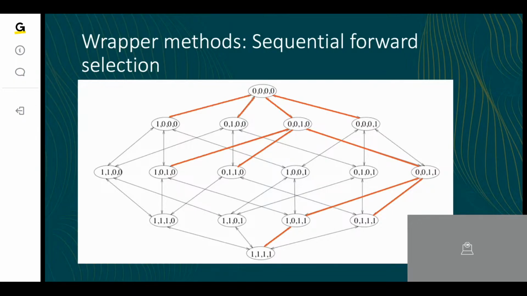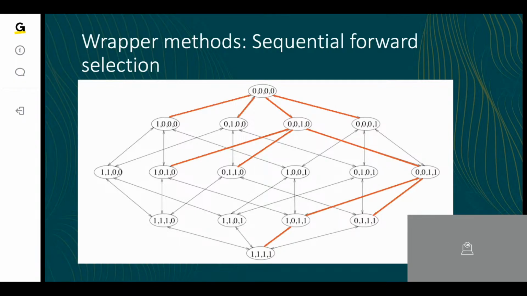So essentially, what you're doing is carrying out a search on this particular graph. In the case of forward selection, you start from 0, 0, 0, 0, and then in the first stage you pick the feature which gives you the maximum predictive power.